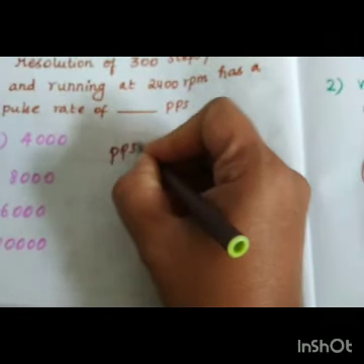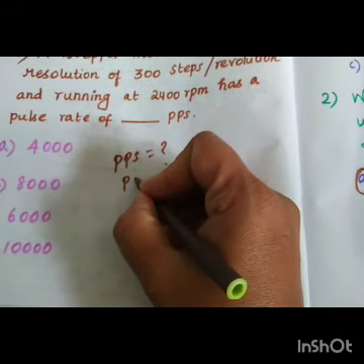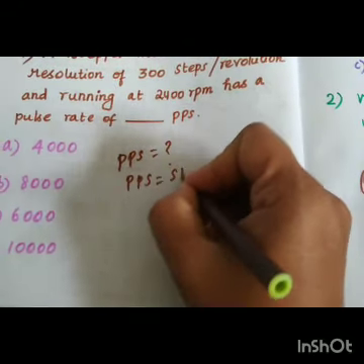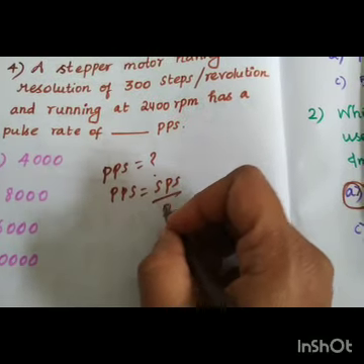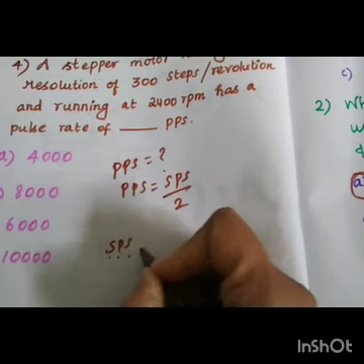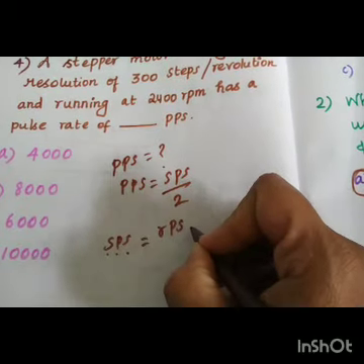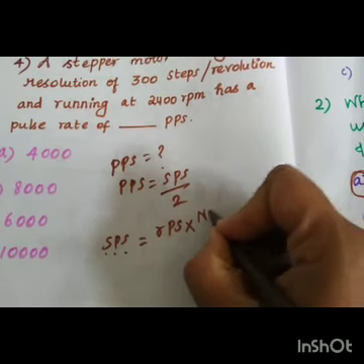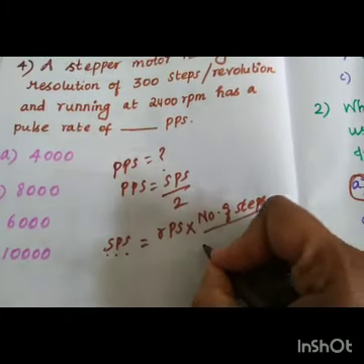So pps is SPS by 2, remember that. SPS is steps per second, okay? If you want steps per second, it is revolutions per second, RPS, into the number of steps per revolution. You should remember this, okay?